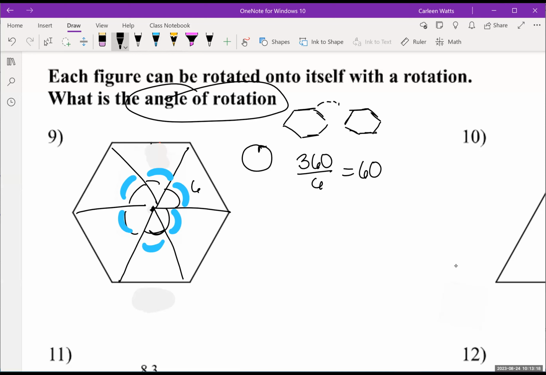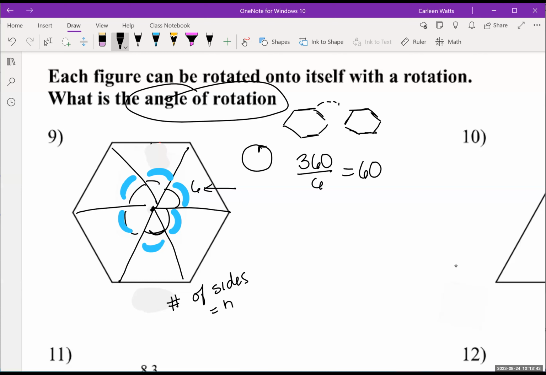So I have a variable that I call that number right there. What variable do I call the number of sides? The number of sides is n.